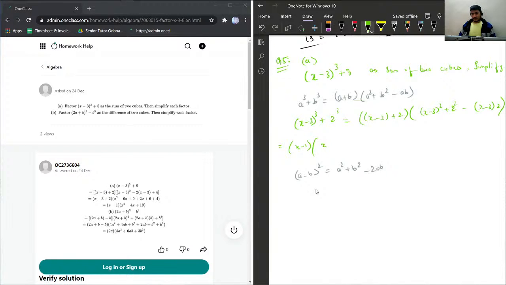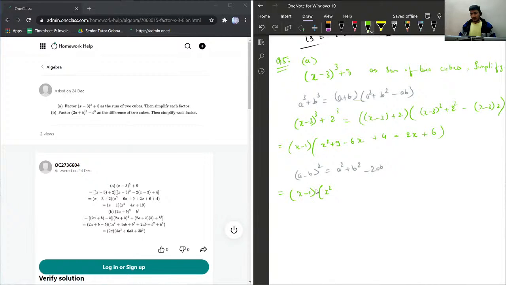So this will be x² + 9 − 6x, since 2 times 3 is 6. Then this will be 4, and this will multiply with 2, so 2(x − 3), and the minus sign is there, so this will become −2x + 6. Now x − 1, this is x², and here we do not have any other x², so I'll just write it like this.